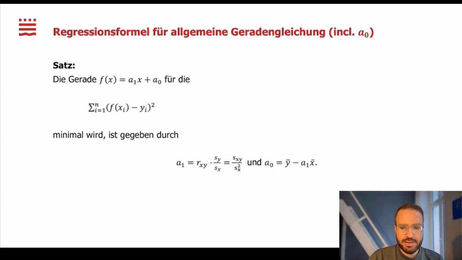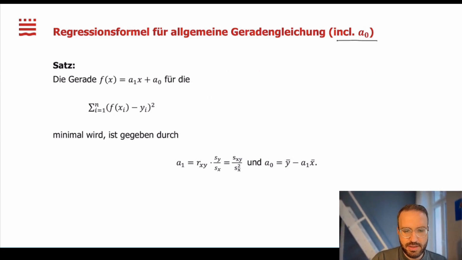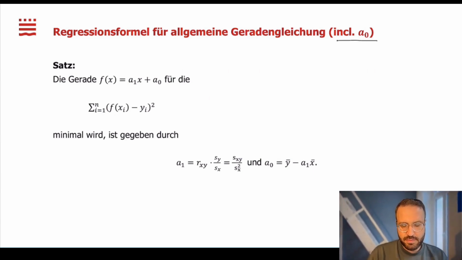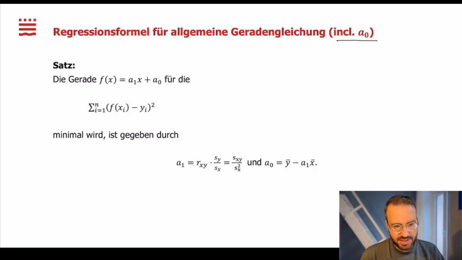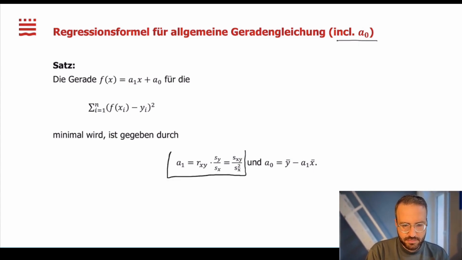This formula includes the a part as well, which means that if you want to find a line that is not a line through the origin, but also has a y-intercept, you can use this formula from now on, at least for the one-dimensional case. And I want to briefly describe the formula to you here.